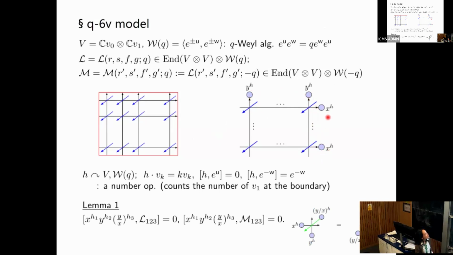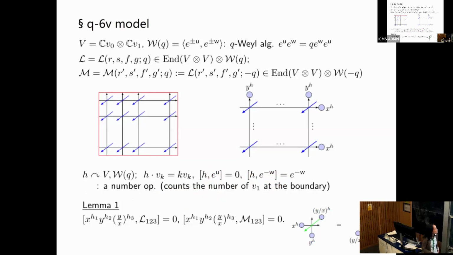Here x and y are spectral parameters, and h is an operator defined in the following way. h acts on both V and the q-Weyl algebra in this way. For V, it counts the number of v1 at the boundary. For the q-Weyl algebra, it commutes with e to the u, but it doesn't commute with e to the minus w, and so on.